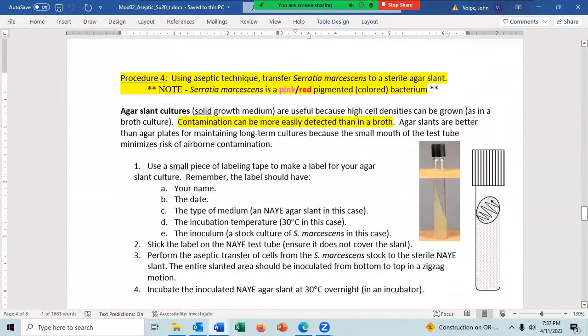So procedure 4, you use aseptic technique to take Serratia marcescens out of a stock solution and then streak them in an S-like motion on the slant.